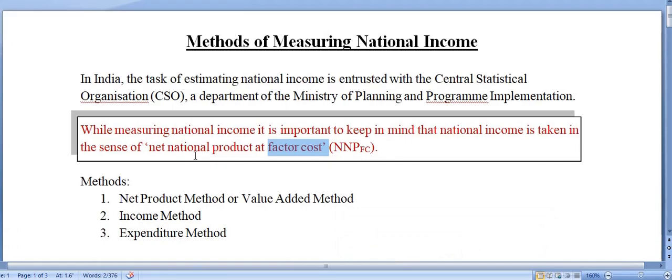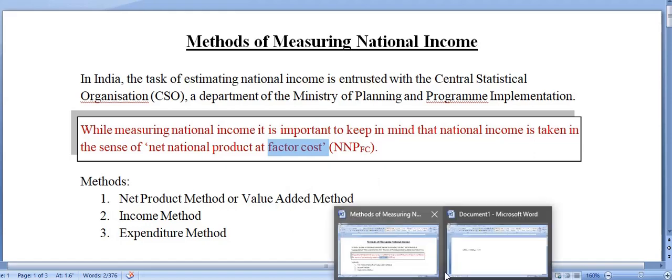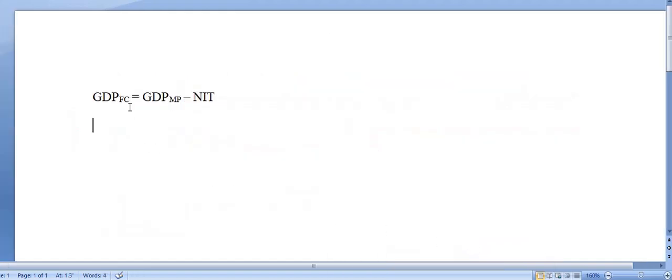National product, NNP at FC. We found FC, but this is NNP, net. We want to find net. So first we will find NDPFC. So NDPFC is GDPFC minus depreciation, which means you have to subtract depreciation.